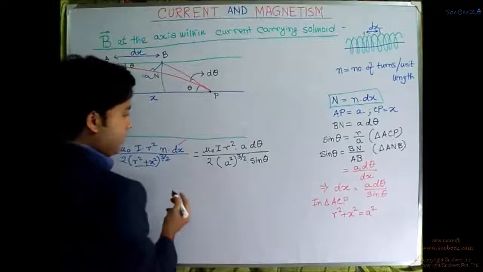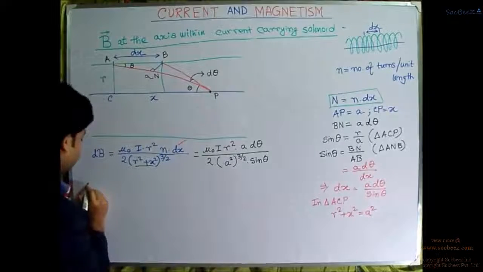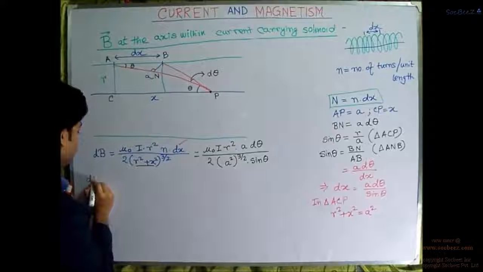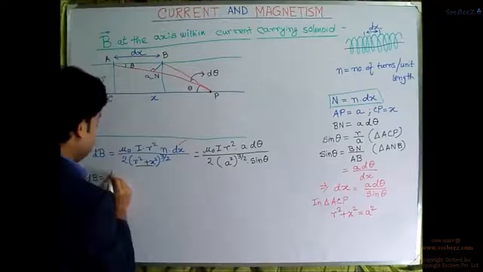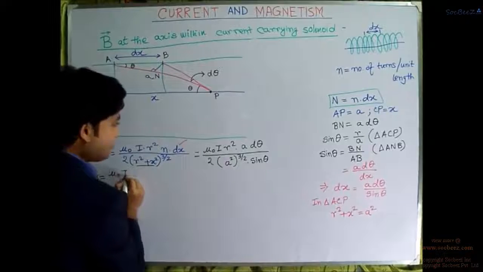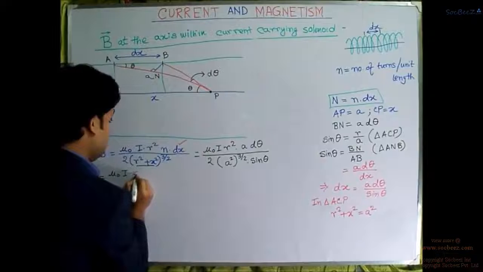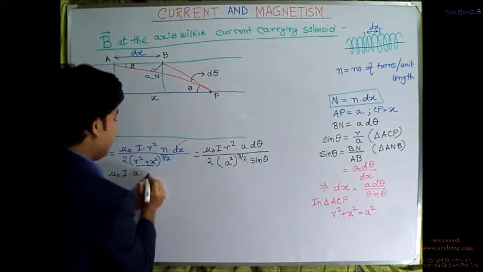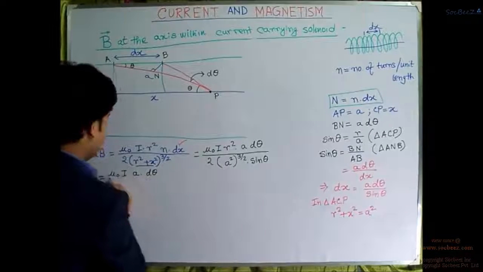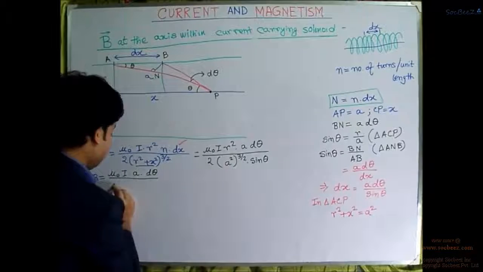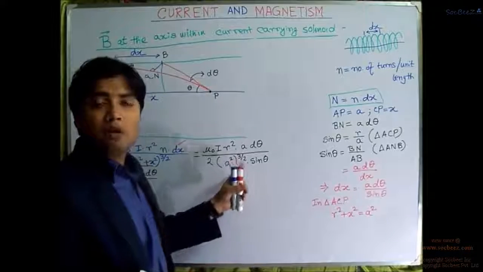Now, what we can observe is this could be equated as dB equal to mu naught I multiplied by a multiplied by d theta, divided by 2 times a square to the power 3 by 2.